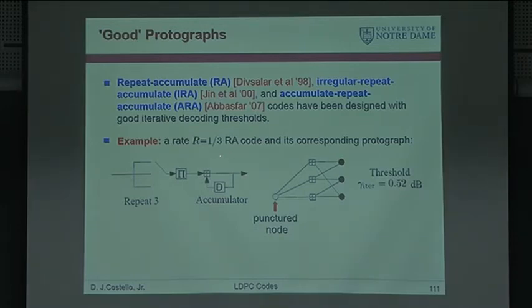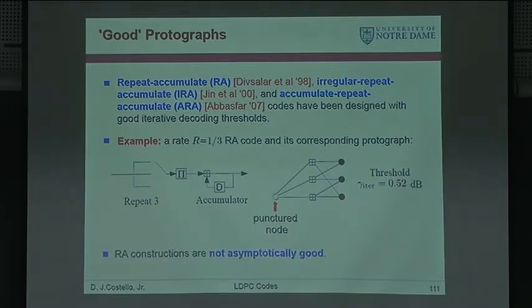This is rate 1/3, by the way, because you have an input coming in, and you wind up sending 3 bits over the channel. The capacity for rate 1/3 is, I think, minus 0.4 dB or something like that. So this is about within a dB of capacity, but not that close. But for very simple encoding.